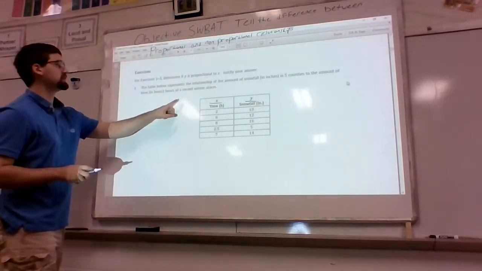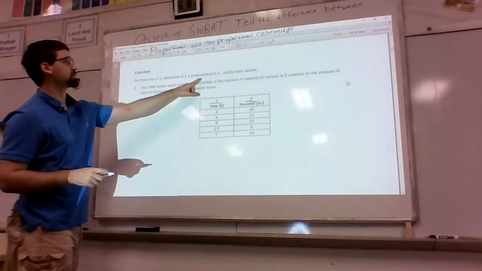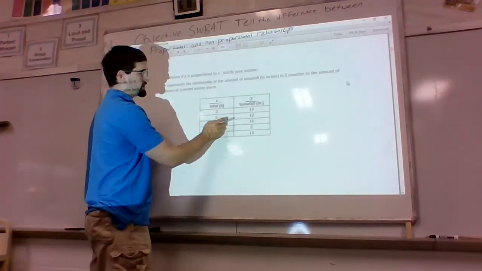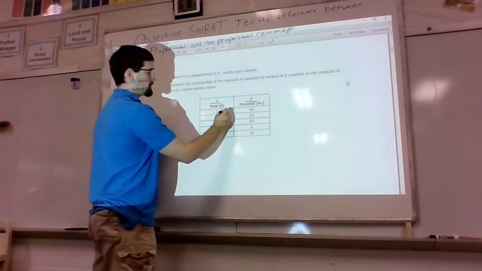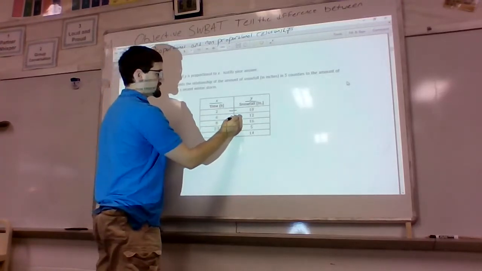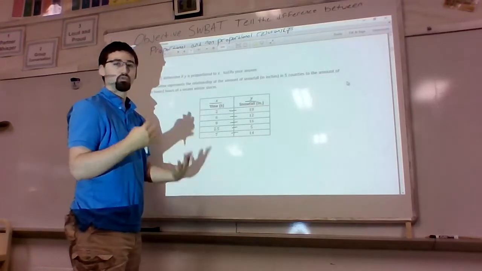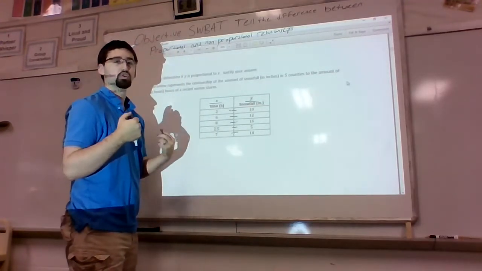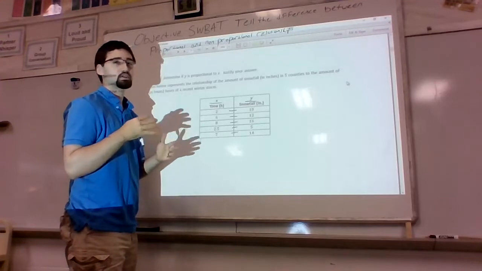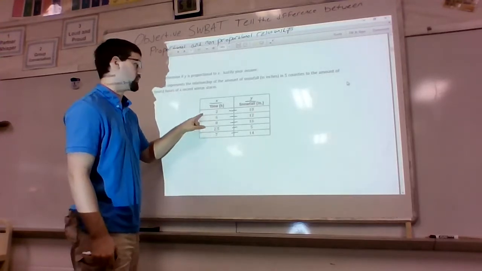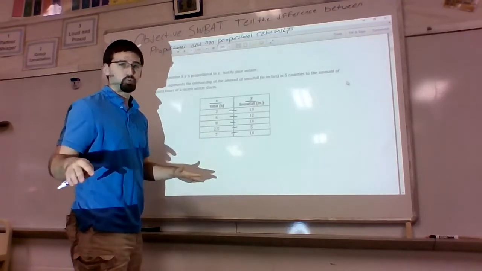Okay, so we need to tell, is y proportional to x? So is the rate for all of these situations going to be the same? Is the rate between these the same? These, and these. If they all give us the same rate, then it's a proportional relationship. If they give us different rates, even if 4 of them give us the same rate and 1 of them is different, it's not proportional.